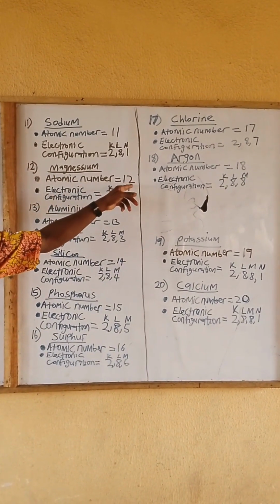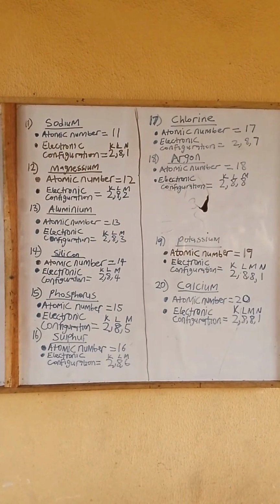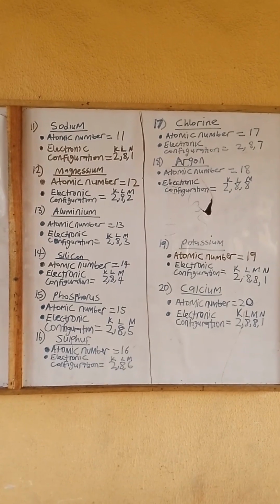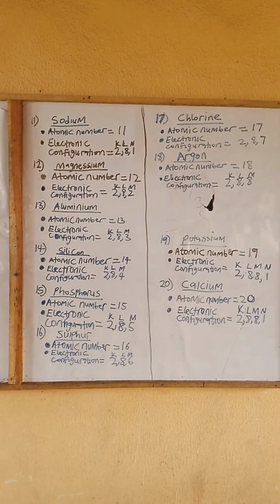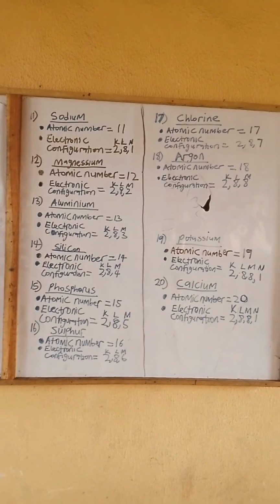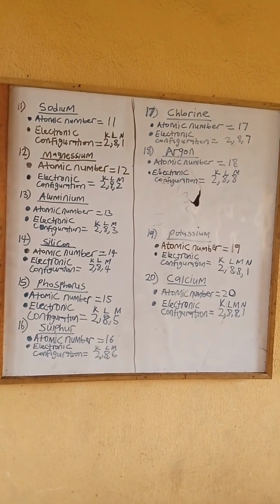Getting to the 12th one, which is magnesium. Magnesium has an atomic number of 12 in the periodic table. So the configuration will be 2, 8, 2. In the same way, the maximum number of electrons that M can occupy is also 8. Until you exhaust that maximum number of electrons, you cannot go to the last shell, which is N shell.